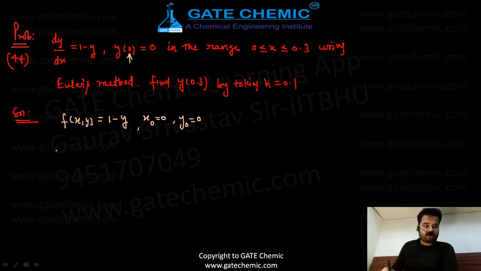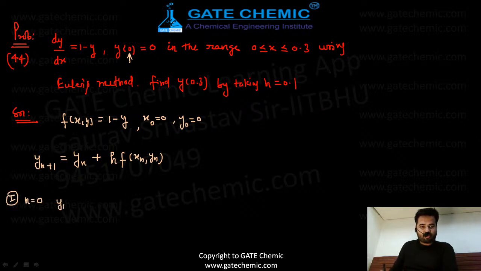Now see here, for yn plus 1, the formula was yn plus 1 equals yn beta, here yn, not y naught, plus h function of xn comma yn. So for the first approximation beta, I am going to put n equals 0. So y1 equals y naught plus h f of x naught comma y naught.